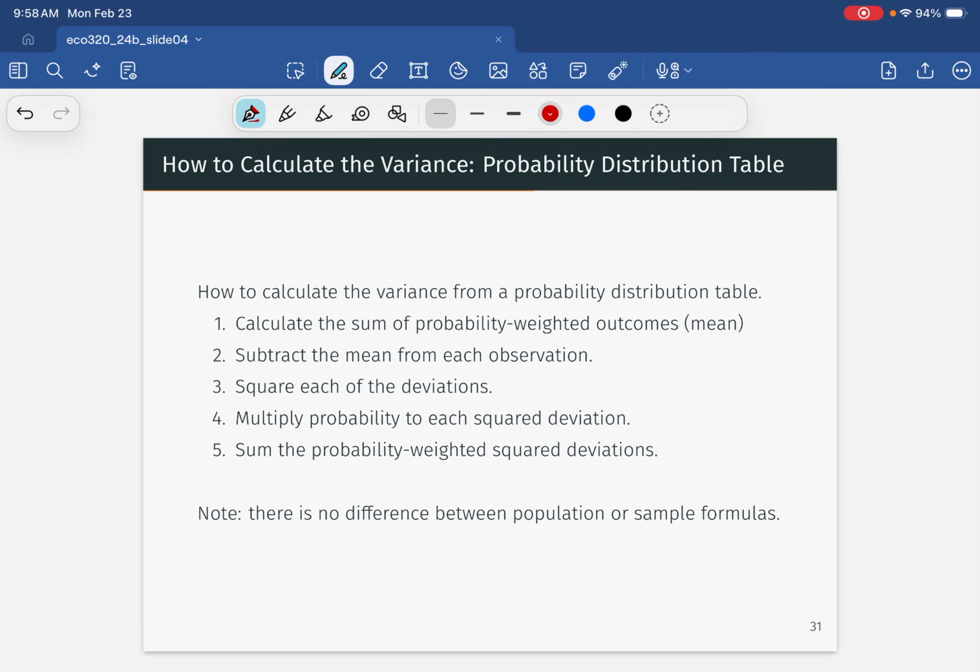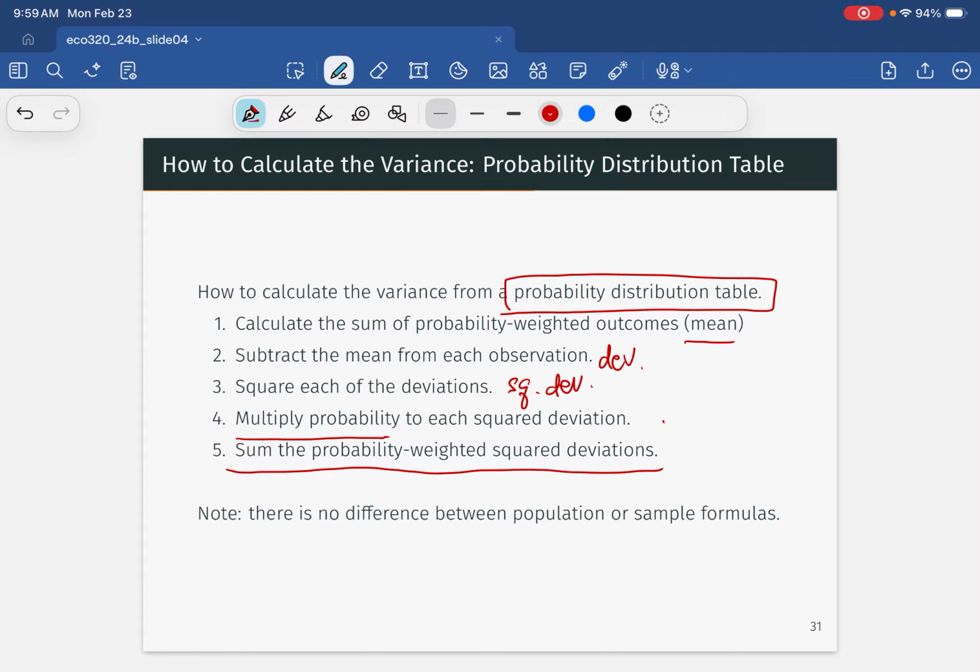So this is a brief summary of how we calculate the variance from a probability distribution table. Remember, depending on the format of the information, you have to use different methods, but the idea is the same. First, you calculate the mean, then the deviation, then the squared deviations, then multiply by probability and sum the probability weighted squared deviations. These last two steps calculate the mean of squared deviations.